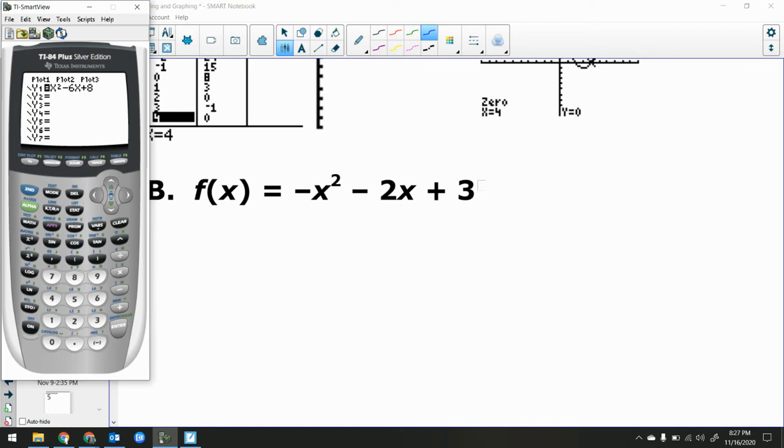Okay, I'm going to go ahead and plug it in. I've got negative x squared minus 2x plus 3. And I'm going to go ahead and graph. And I'm going to start calculating. So I can calculate the 0, choice 2. I'm going to go all the way to the left of this first 0, somewhere to the right of the first 0, and then somewhere in between those 2 arrows.